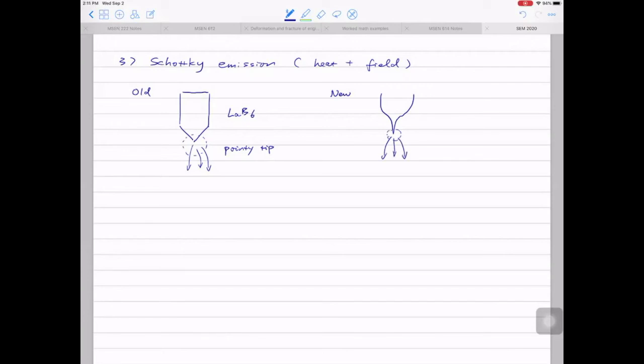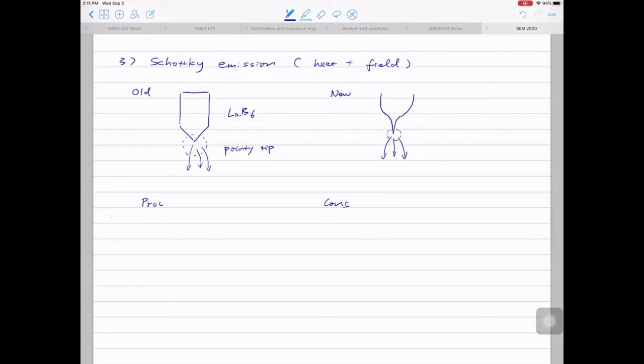Not surprisingly, the Schottky emission, like the regular FEG, sits somewhere between the tungsten filament and the cold FEG. So let's write down the pros and cons of this type of electron guns.